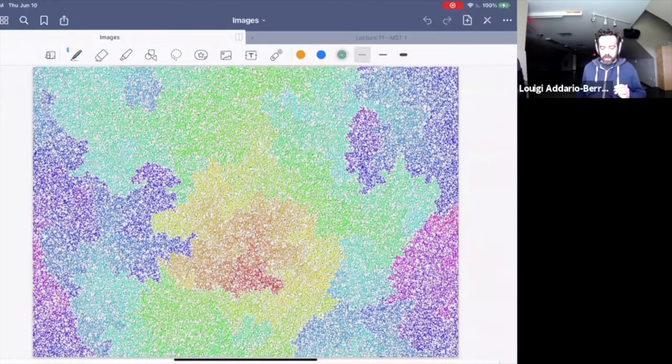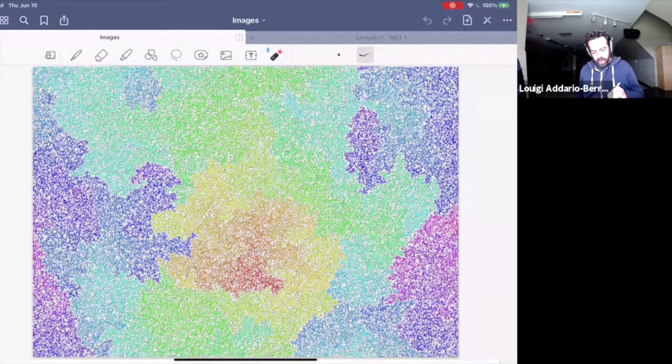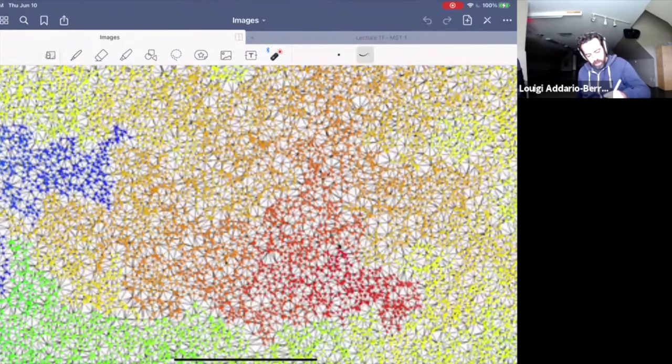It's the minimum spanning tree of a geometric graph. Here the graph is formed by sprinkling 100,000 random points and then forming their Delaunay triangulation. If you don't know what that is, I won't get into it, but there's some planar graph that's drawn.